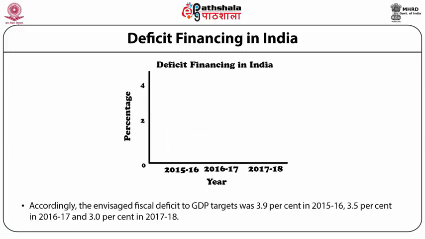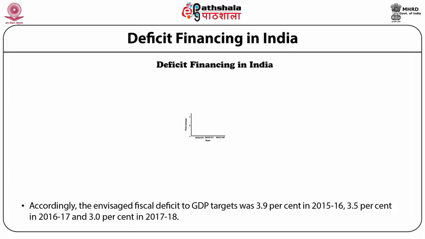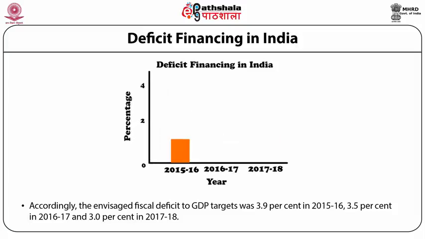Accordingly, the envisaged fiscal deficit to GDP target was 3.9% in 2015-16, 3.5% in 16-17, and 3% in 17-18.